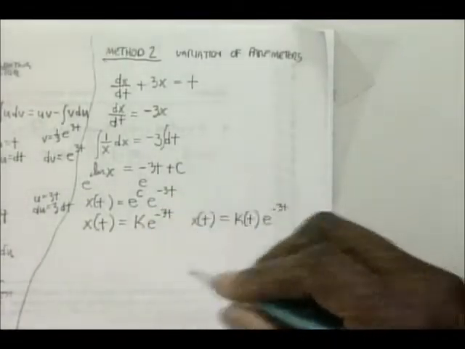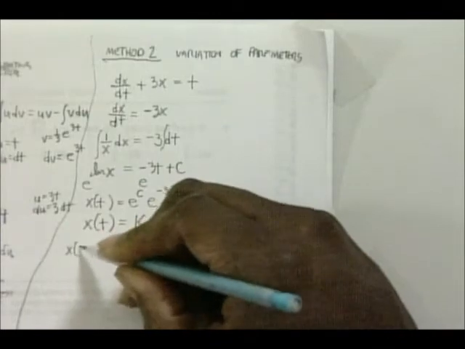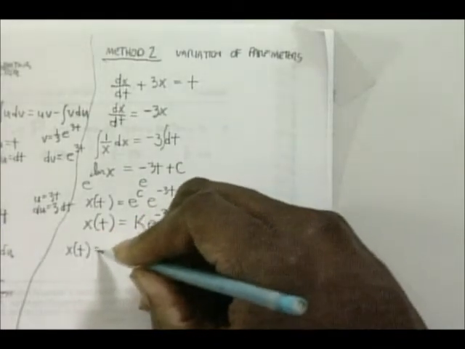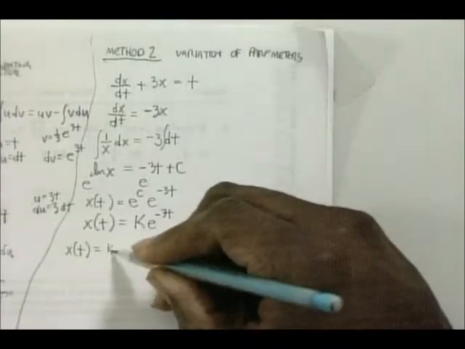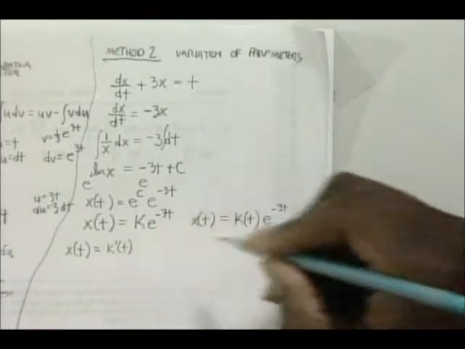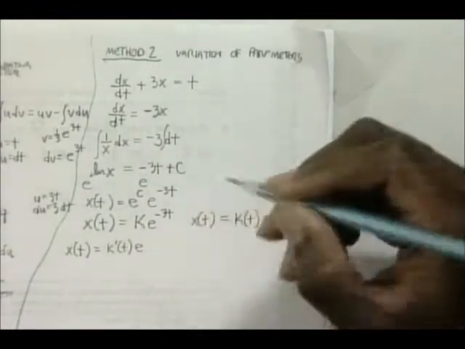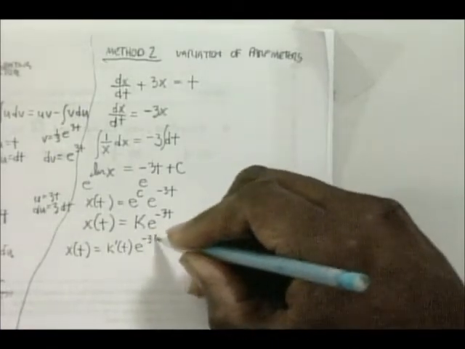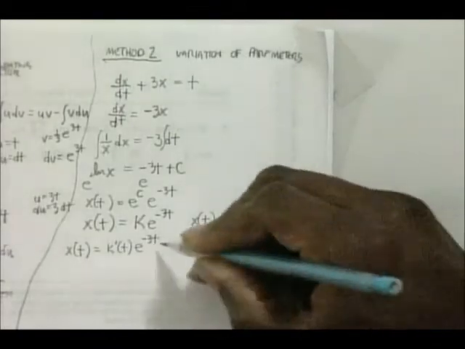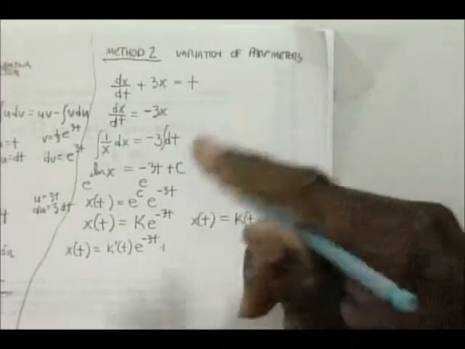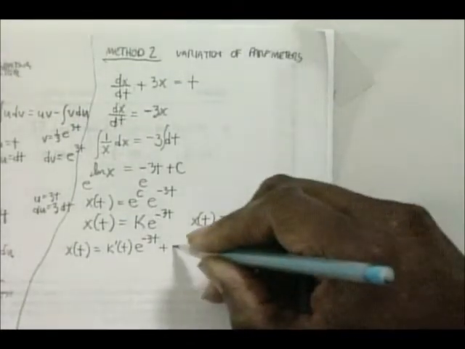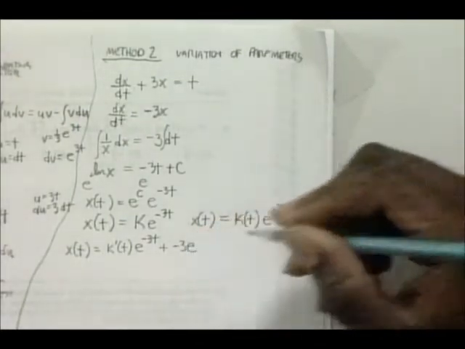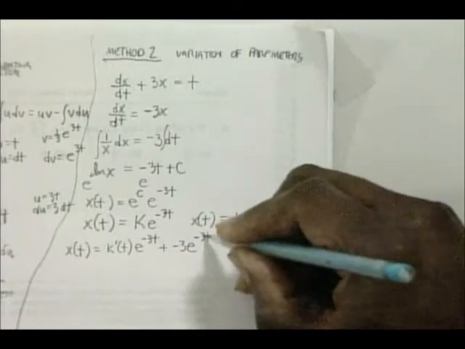All right, so x sub t is equal to, the product rule: k prime sub t times e to the -3t, the derivative of the first times the second, plus the derivative of the second, which is -3e to the -3t.